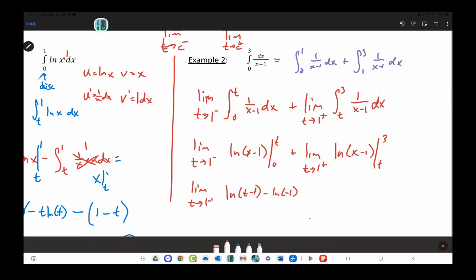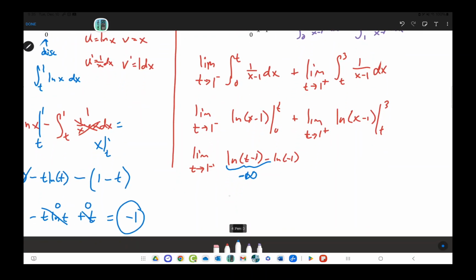Even just this part right here is negative infinity. Because it approaches infinity, what is my answer? Does not exist. Divergent.